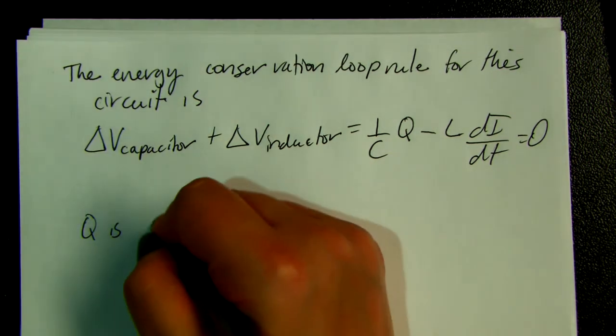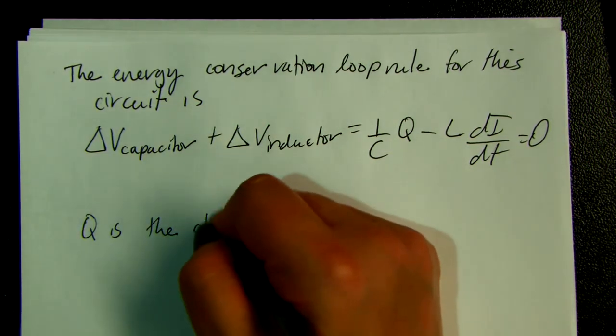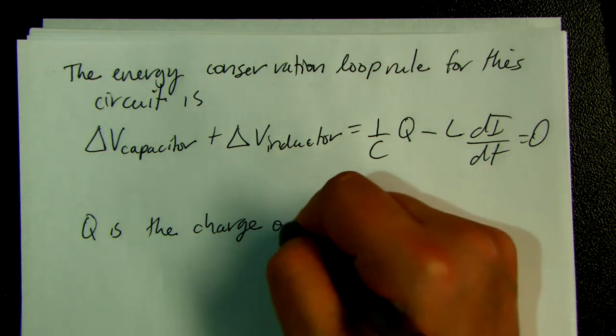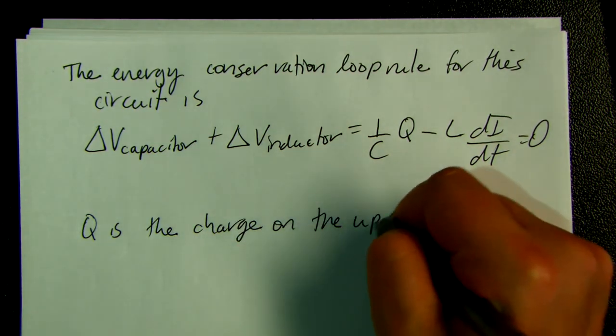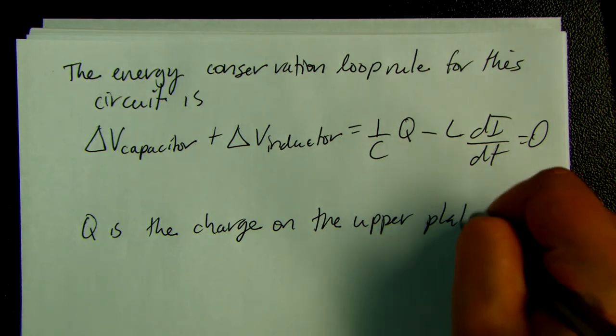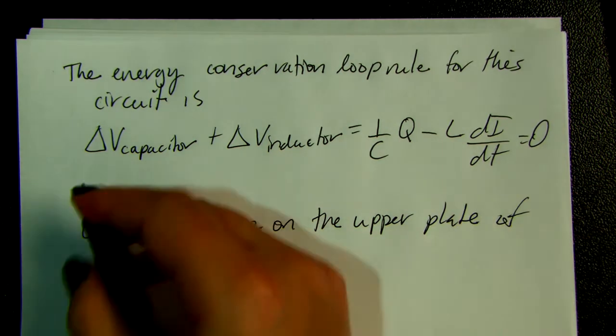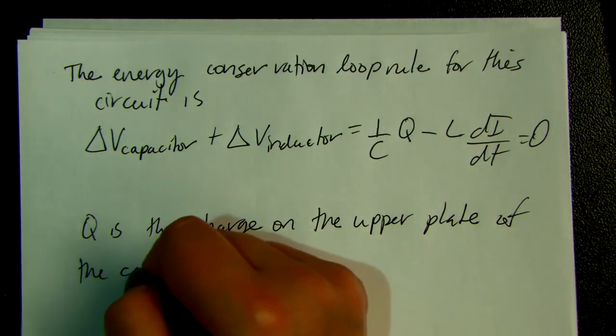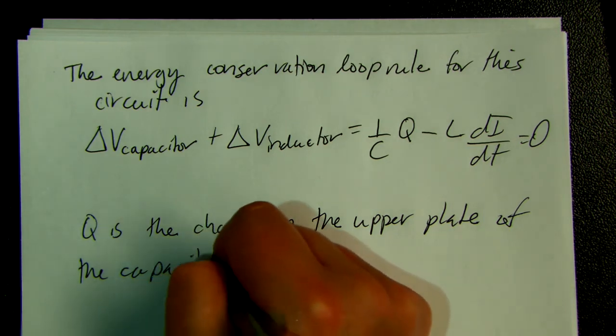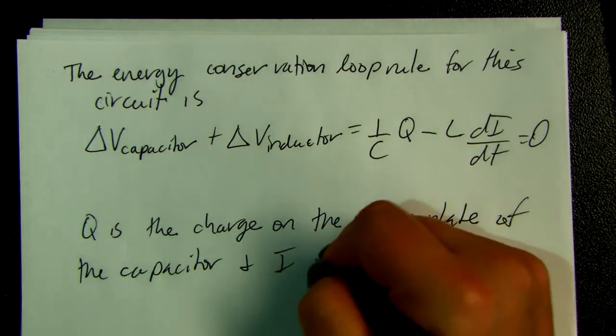Q is the charge on the upper plate of the capacitor, and I is conventional current.